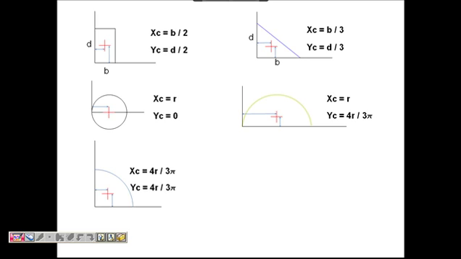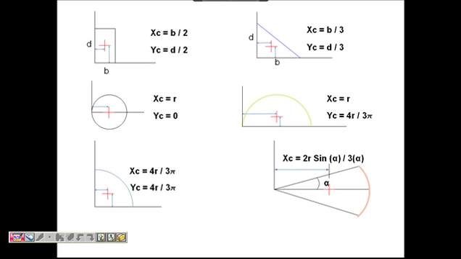Along with these standard figures, you need to add just one more figure, and that is a sector of a circle, or part of a circle, whose half angle is alpha. The location is marked with a red cross, and the x coordinate, that is the distance of this centroid from the y axis, is given by 2r sine alpha upon 3 alpha. yc here is 0 because the x axis passes through the centroid.